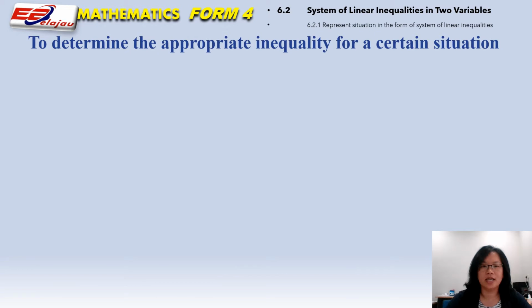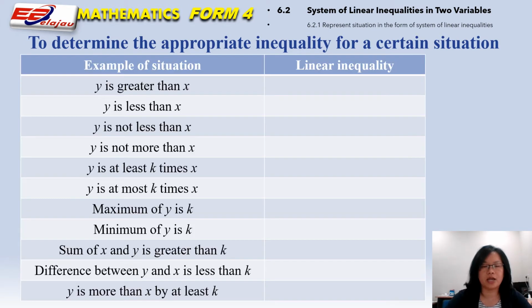Next, it is the turn for us to determine the appropriate inequality for a certain situation. Check the given table. The table shows us 12 examples of situation, and each situation can be represented by a linear inequality.